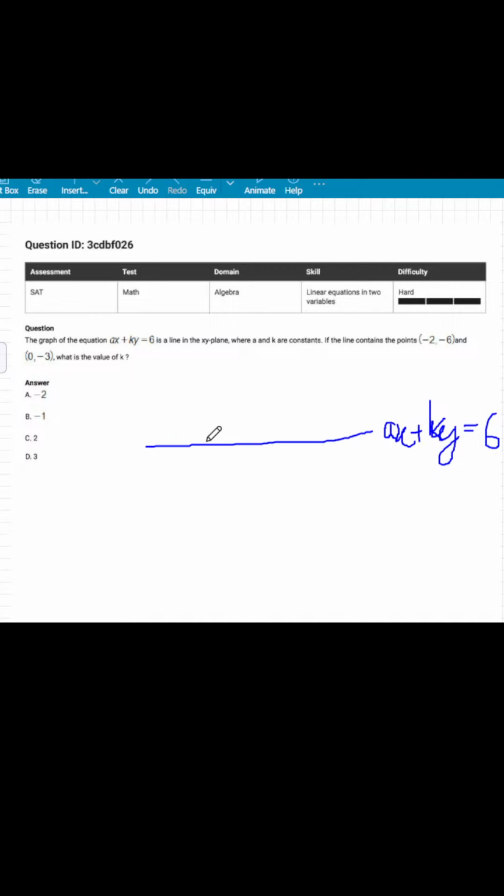And this line passes through these two points, minus 2 comma minus 6 and 0 comma minus 3. Then we have to find what is the value of k.